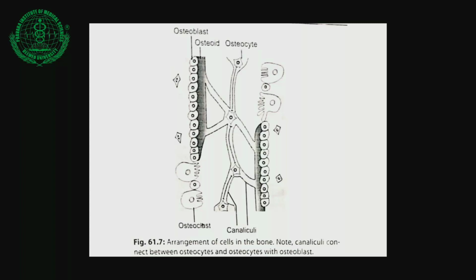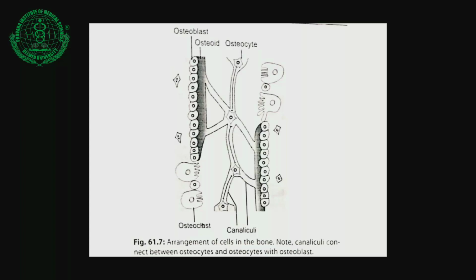We also told that certain factors stimulate the bone formation, like growth hormone, growth factors, insulin, estrogen, testosterone, vitamin D, etc. We also discussed the factors that inhibit the bone formation, for example cortisol.